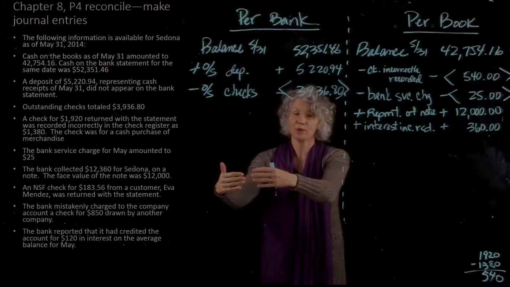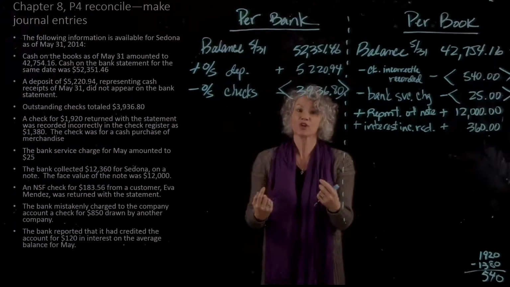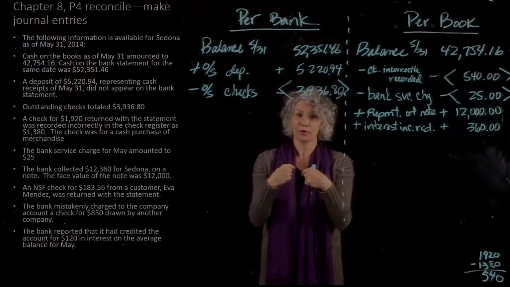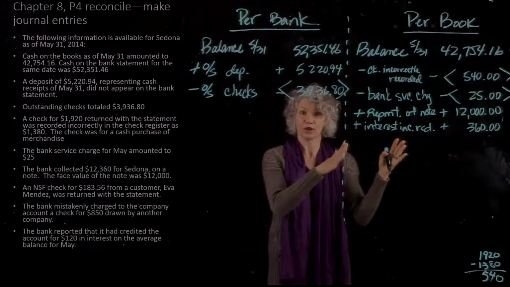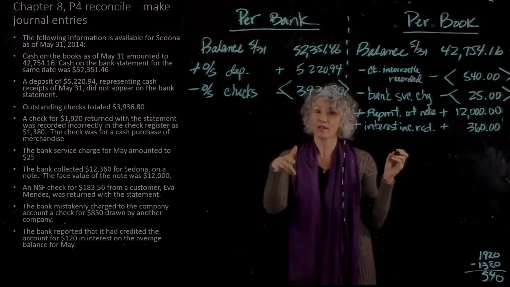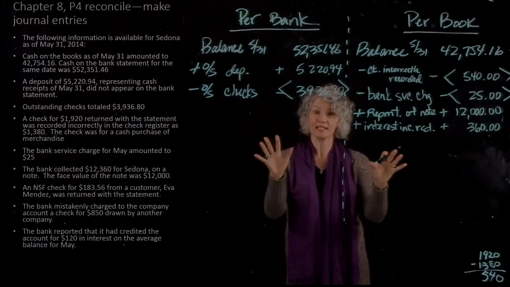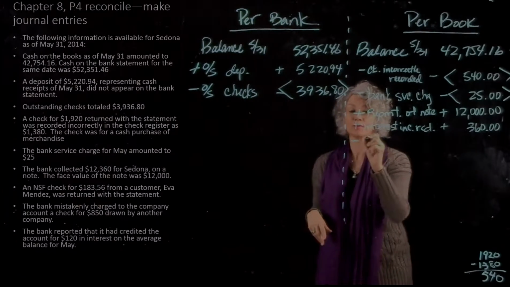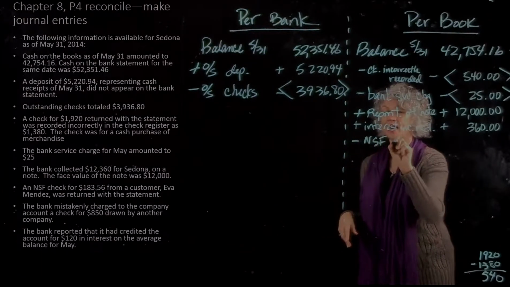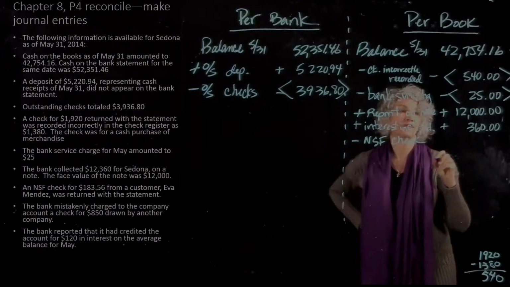First they put it in with a deposit, then they reversed it when they found out it was insufficient. So we need to get it off our books, out of our cash, and we will need to rebill and call the customer and tell them to come in and pay us. But to get this to reconcile, we need to get it off the books. So we are going to subtract an NSF check, and the amount was $183.56.